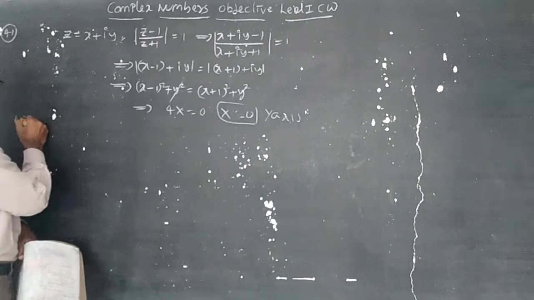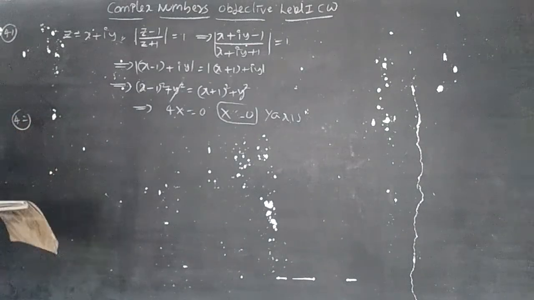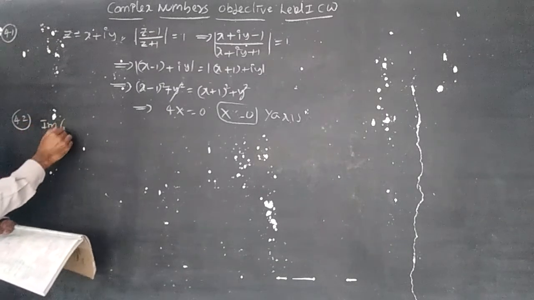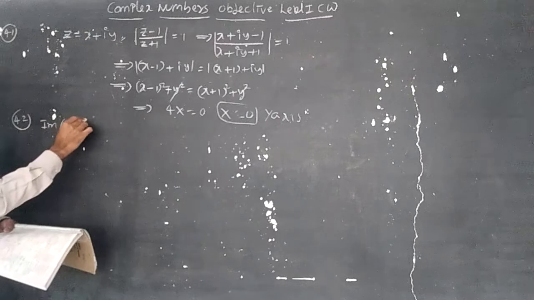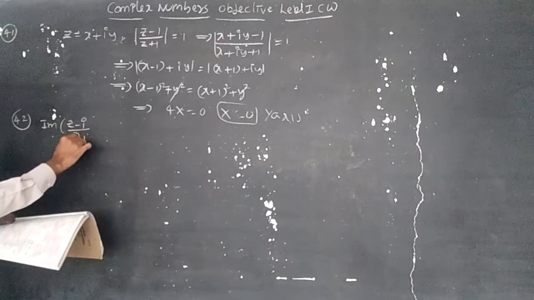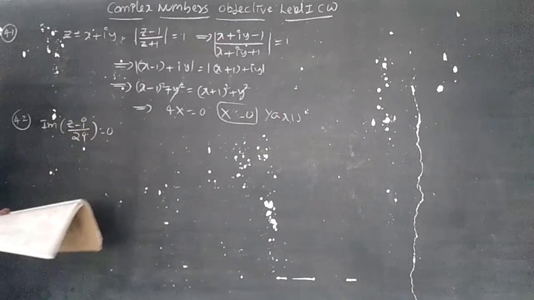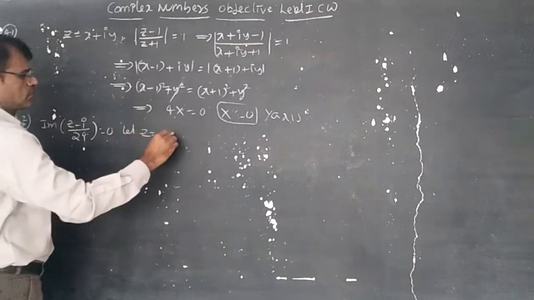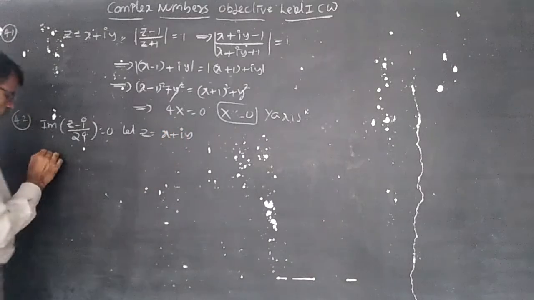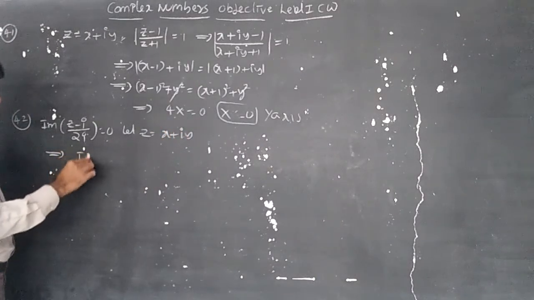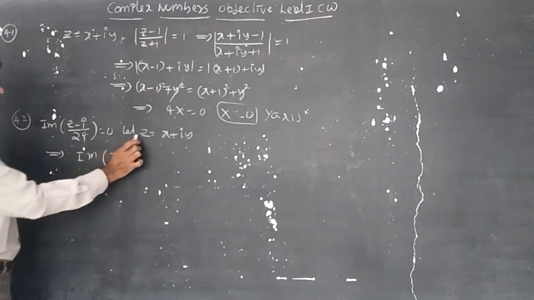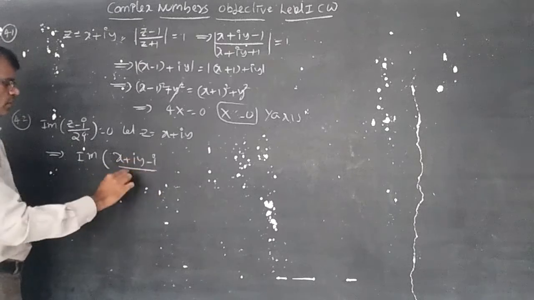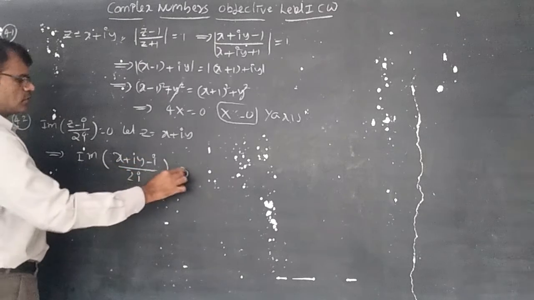42nd question. Imaginary part of (z minus i) by 2i is equal to 0. Then what is the locus of z? Let z is equal to x plus iy. That implies imaginary part of (x plus iy minus i) by 2i is equal to 0.